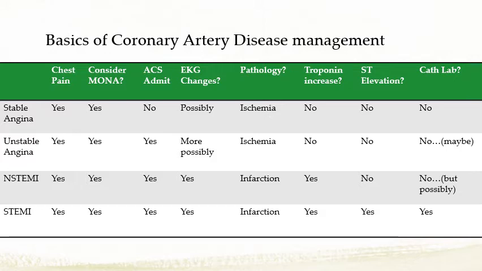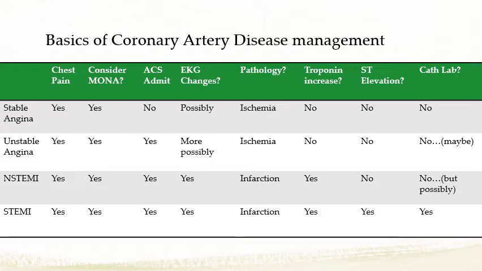You definitely want to consider morphine, oxygen, nitroglycerin, and aspirin for patients that have all of these things. We can still provide relief to patients with MONA. And then here's where the difference is. If you diagnose one of those bottom three things, then that patient's going to be automatically admitted for an ACS route for a type of treatments.